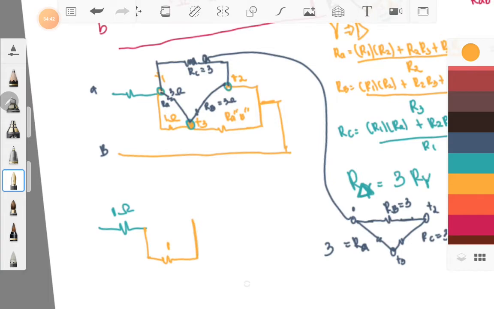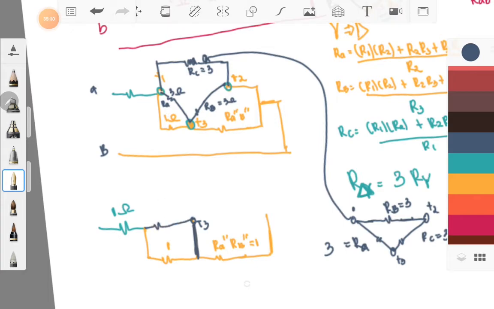Your RA prime, RA double prime, RB double prime is equal to 1 ohm. And this one will be connected to this, which will be your terminal 3. I just raised it; you can extend it upward, guys, because it's only one node.